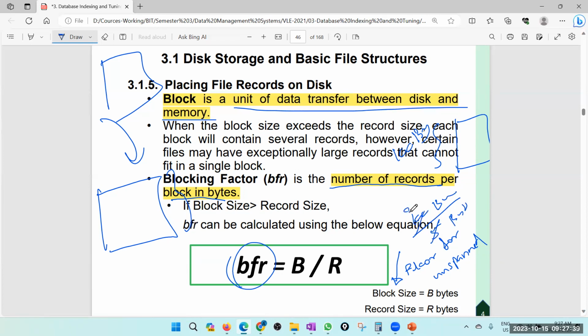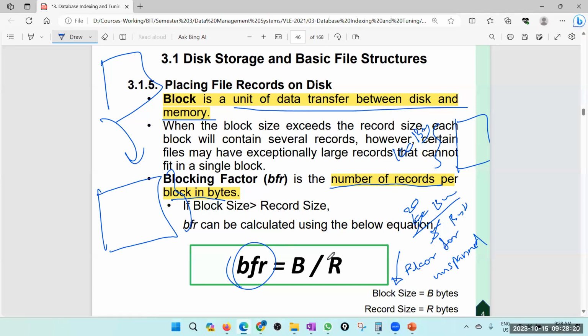That means you can keep 20 records in a block. So the blocking factor is the block size divided by the record size. Let's assume record size is fixed, because if it is variable length, different records have different sizes. So in all your questions, unless they mention otherwise, you can assume they are talking about fixed length records.